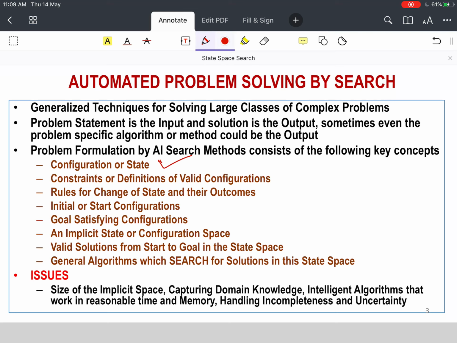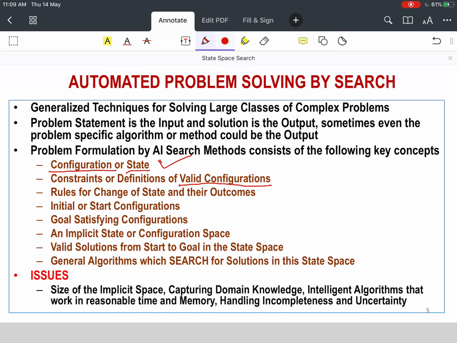So we need to define the concept of a state or a configuration. Given the concept of a state or configuration, we need to define what are valid configurations and what are invalid configurations. A configuration or a state is a current instance of that problem as it is now.